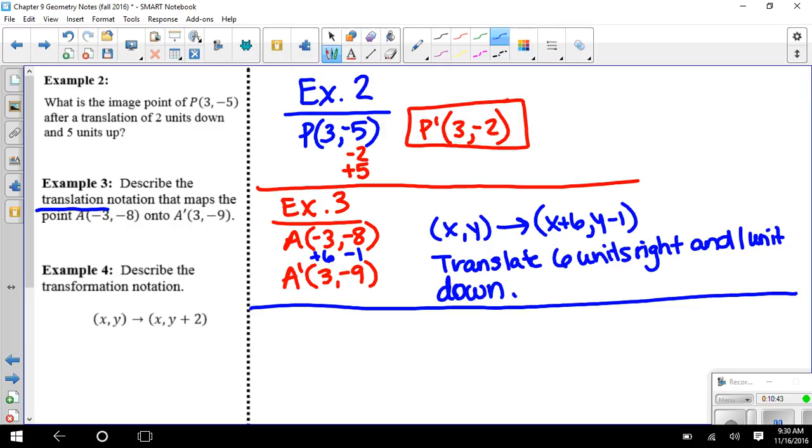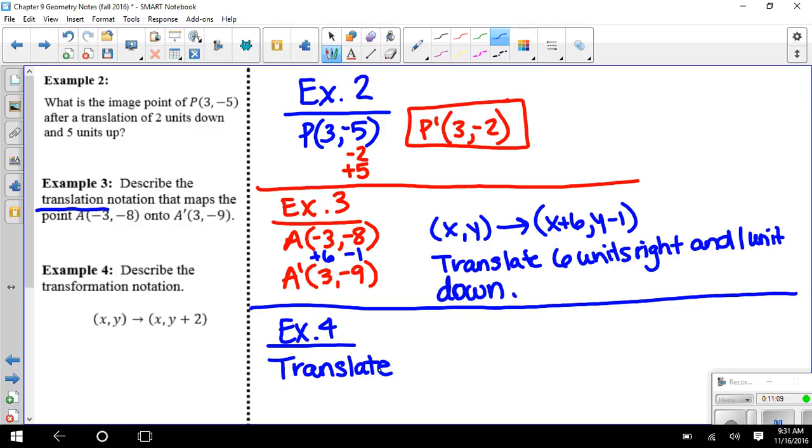All right. And on example 4, they want you to describe it. So they already gave you the transformation notation, so you can't use that as your description. So now you got to write it out in words what this means. So what happens on this one? Now you do have to use that vocabulary word of translate. Or you can say a translation of blah, blah.